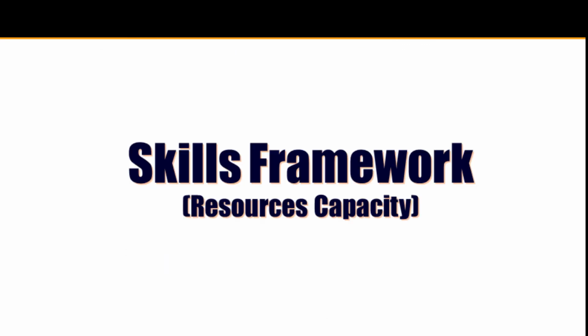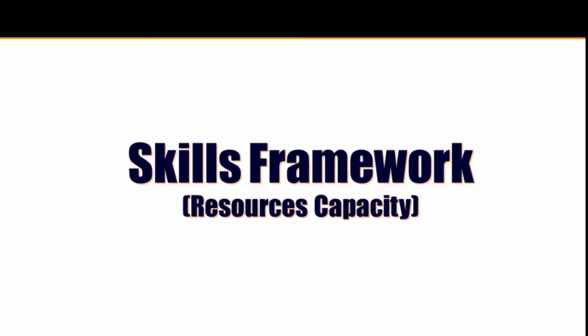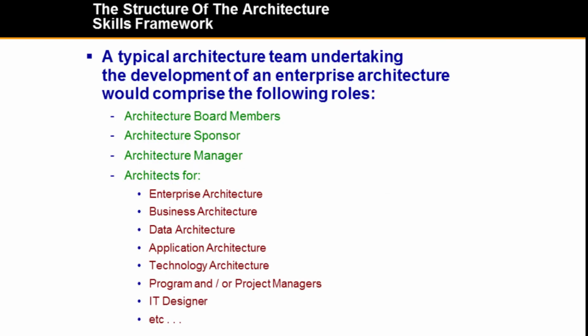So in order to do all of this, what we have seen thus far is actually the framework itself, and some of the main areas associated with it, its own structure and critical success factors. But one of those critical success factors really is who's going to do the work, right? And this is where you need to establish the appropriate roles and responsibilities. This is where you need to establish the teams, right?